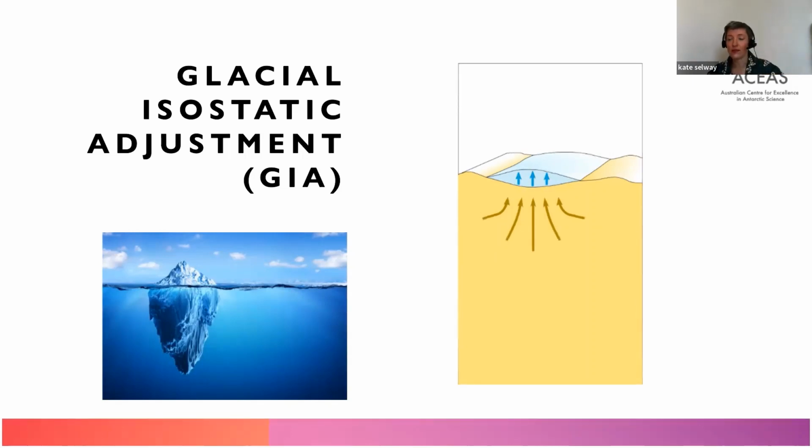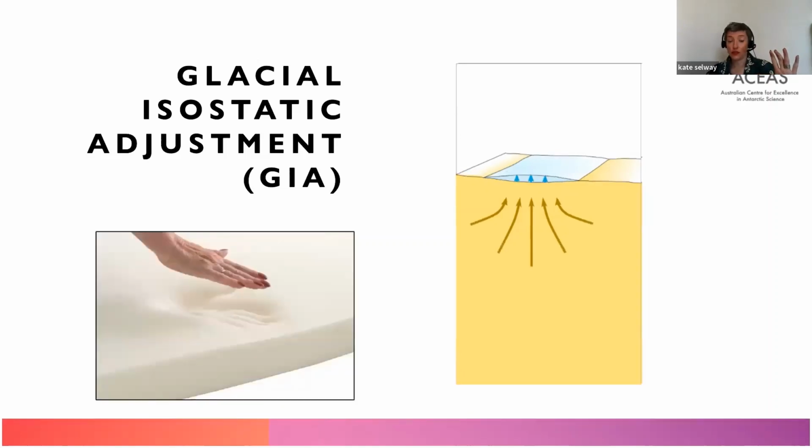The bulges around the side start to collapse, and the depression beneath the ice sheet reduces. So I often think of it like a person sitting on a mattress. You sit on the mattress, it depresses beneath you, and you stand up and the mattress rebounds. But it's actually even more like being on a memory foam mattress, where there's a time lag before that rebound happens.